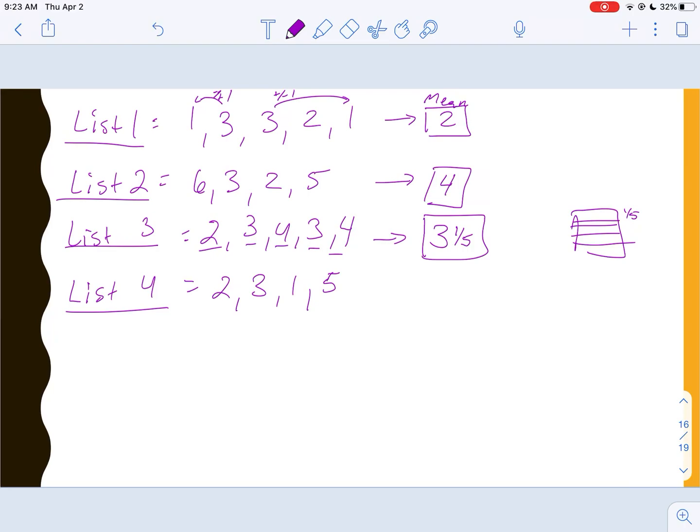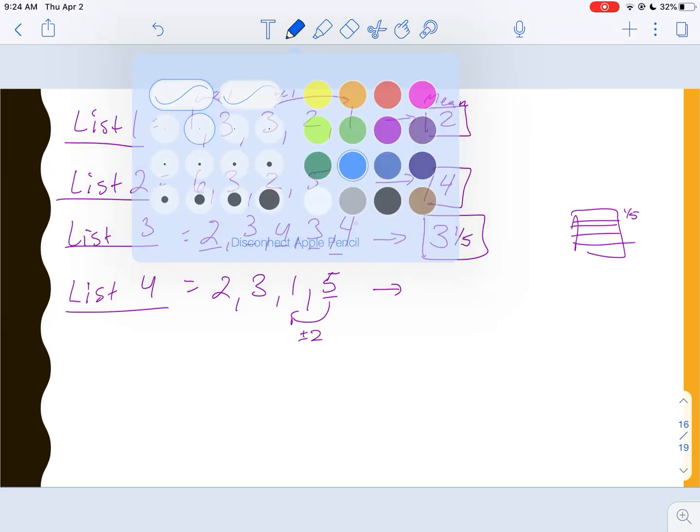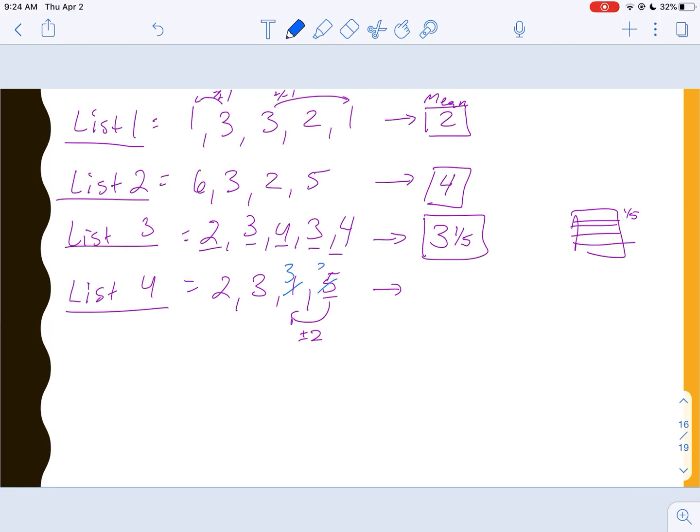List 4 is going to be similar. When I rearrange, let's say I take 2 off of this one, and I move it over here. Now, they will each have 3, but this one only has 2. So what are we going to do here?